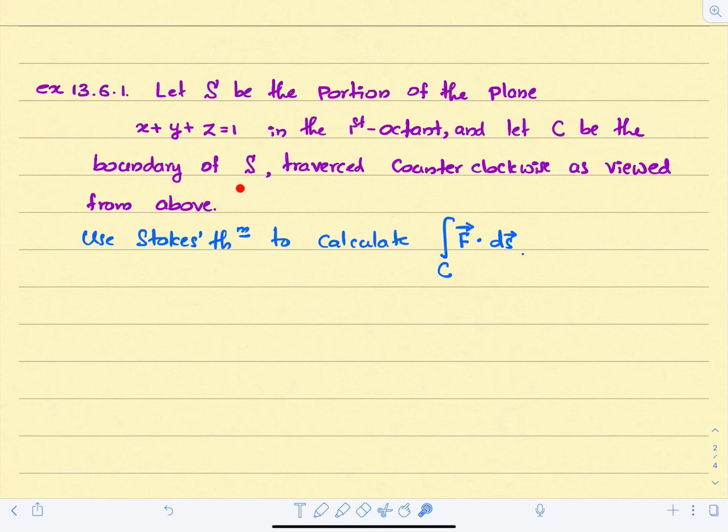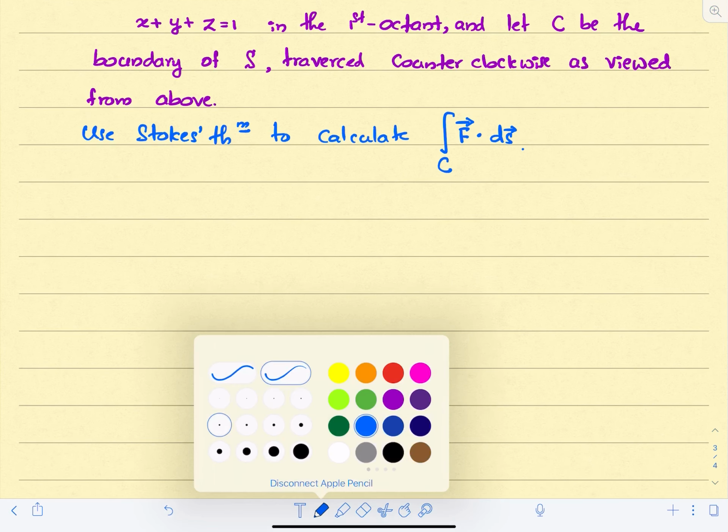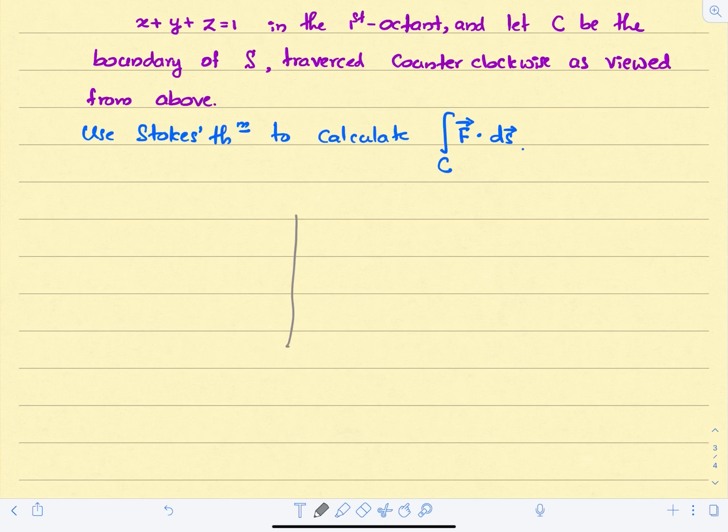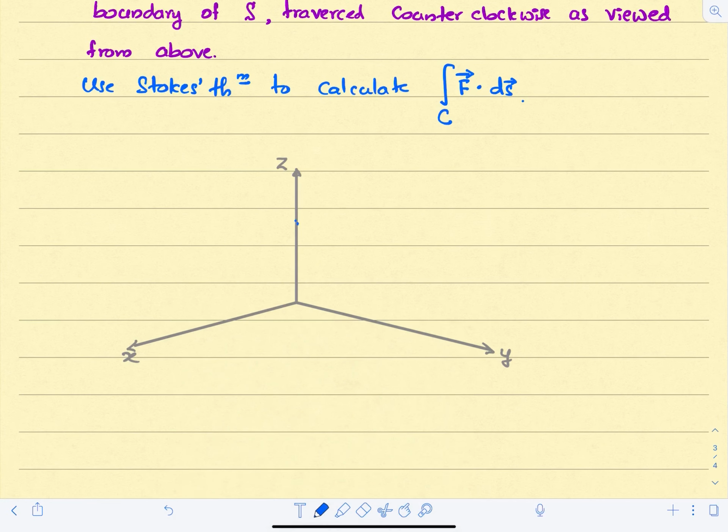Okay, let's draw this surface first. This is our famous surface x plus y plus z equals 1. That's a plane.